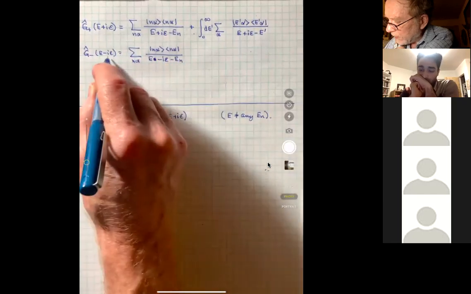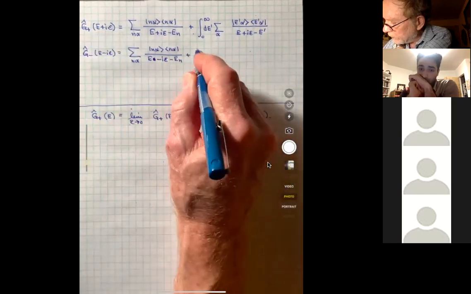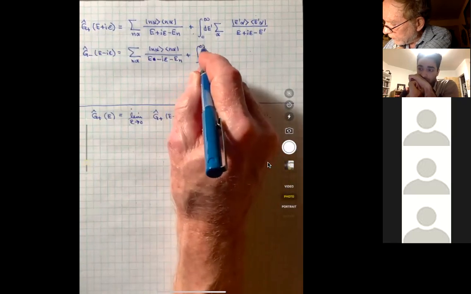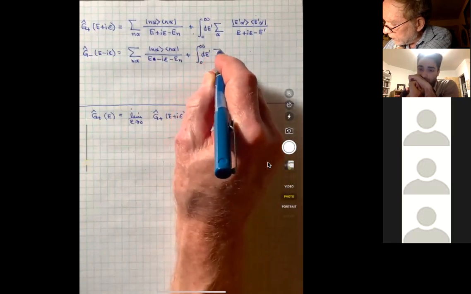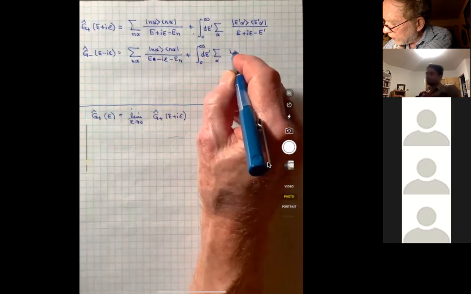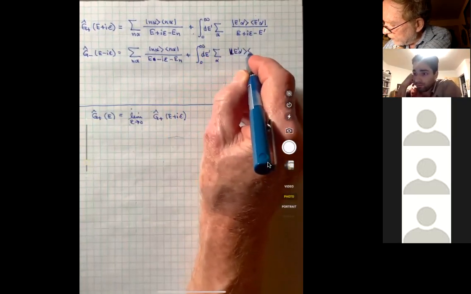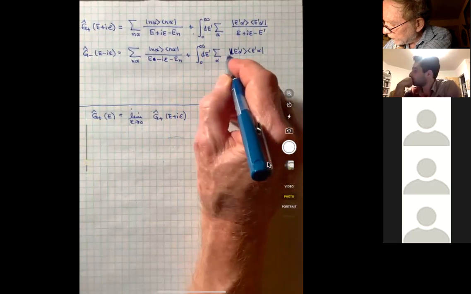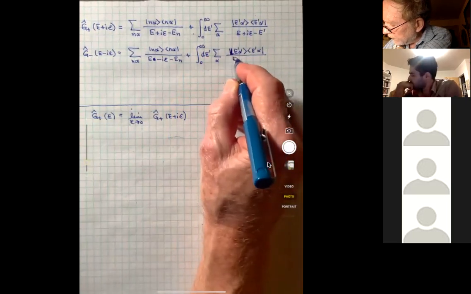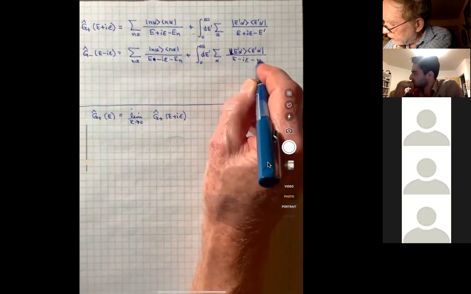I just changed the sign of epsilon, you see, to convert one formula into another. Otherwise, I'm just copying these formulas. Sum on alpha, the outer product |e' alpha><e' alpha| up above, and then I've got e minus i epsilon minus e prime.